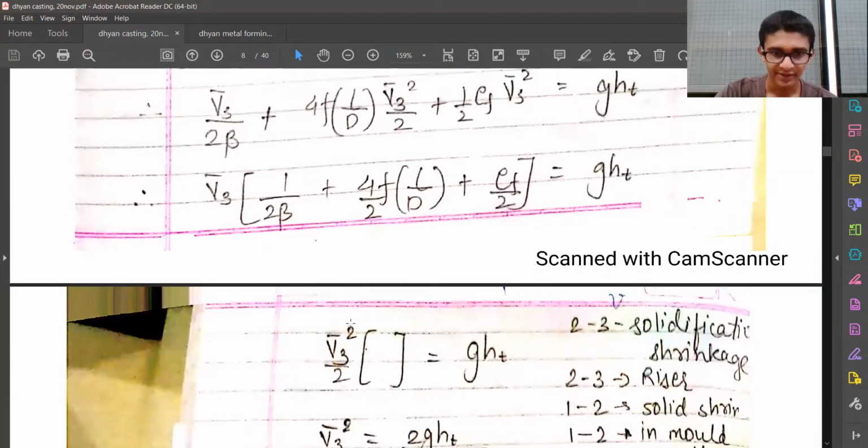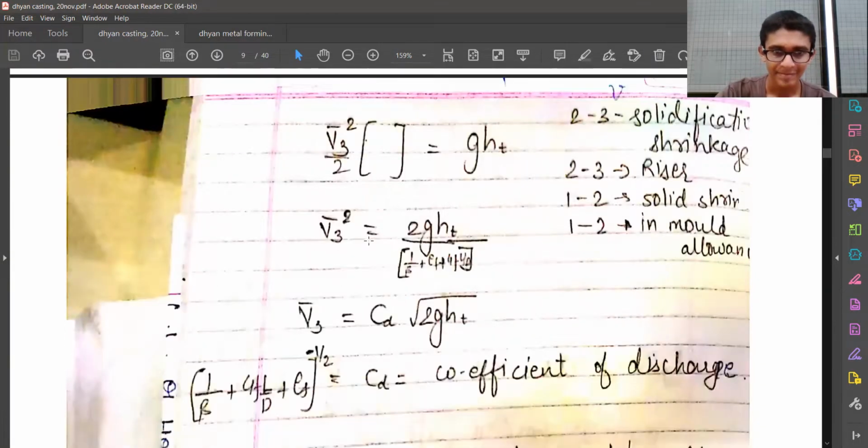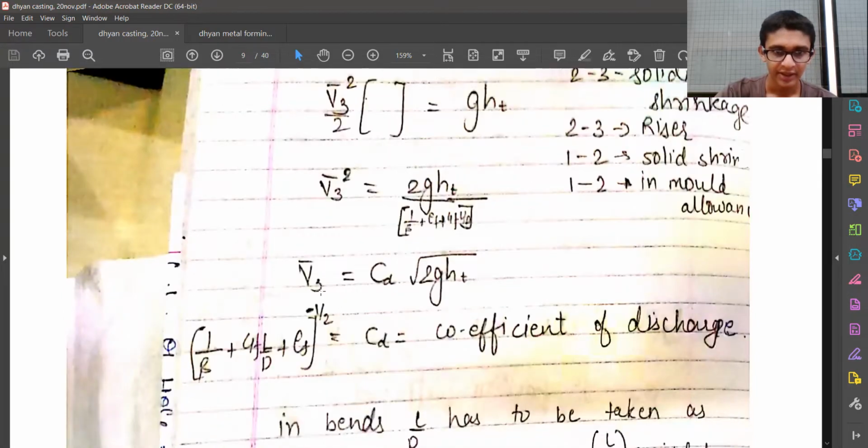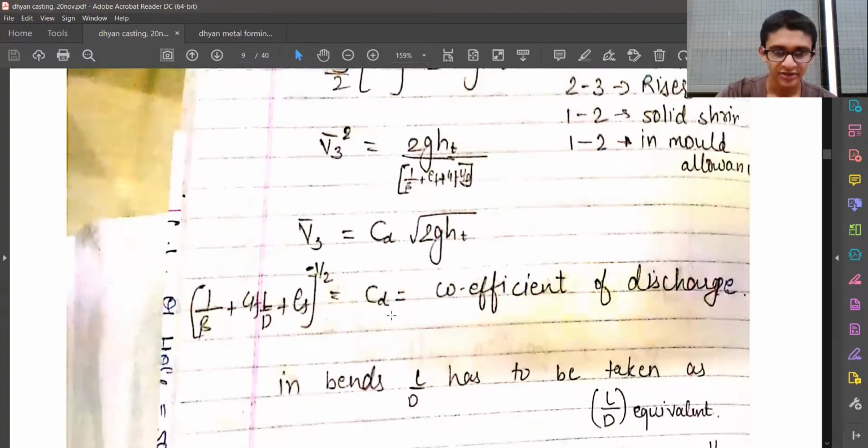So this bracket remains as it is. V3 square is equal to 2GH, the bracket, and V3 is equal to CD times that. So this denominator is taken over here, and the other factor remains as it is. Now CD is defined as the coefficient of discharge, to the power of minus 1 by 2. That means 1 over the square root of this value.